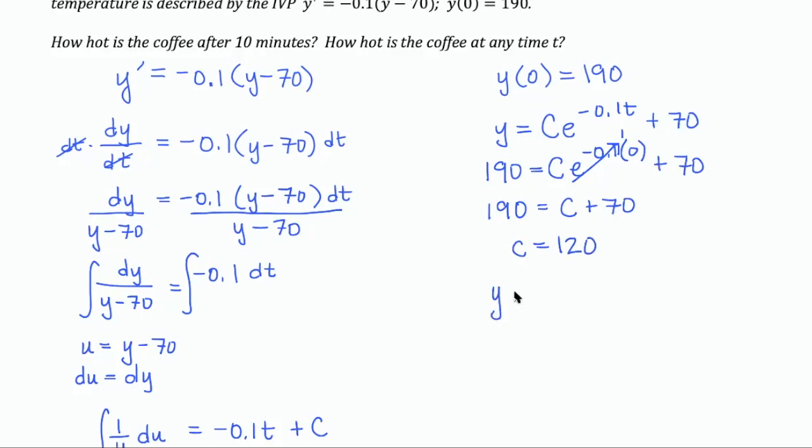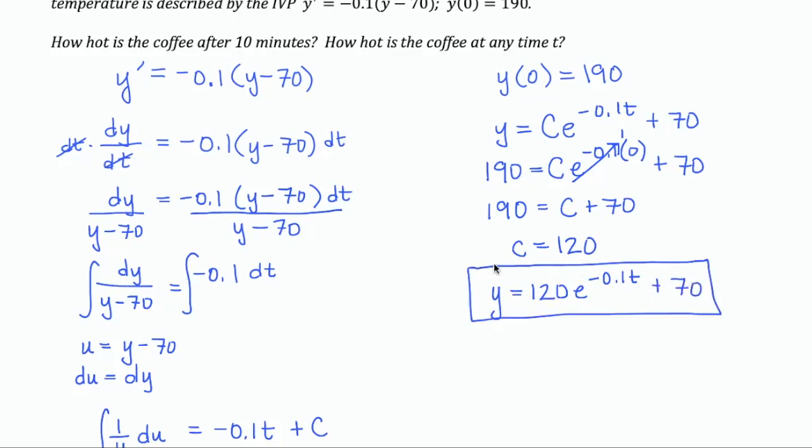So my completely solved differential equation with this starting condition would be 120 times e to the negative 0.1 t, plus 70. I can now use that equation to answer the original question, how hot is the coffee after 10 minutes?